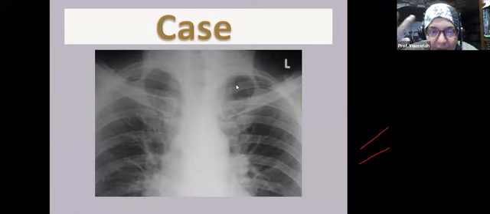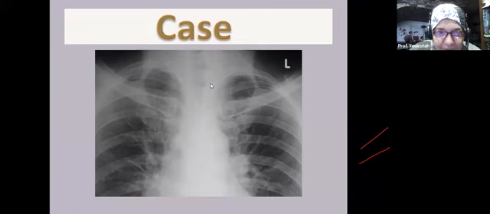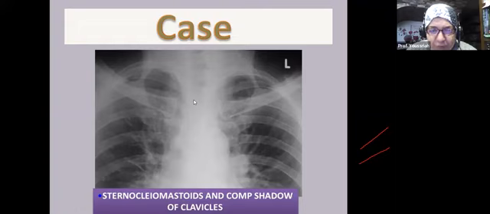The same goes for the companion shadow of the clavicle. They may not be found, but if they're found, they can lead to misdiagnosis, especially if they are unilateral. So this is sternocleidomastoid and companion shadow of clavicles, giving the false impression of a cavity.